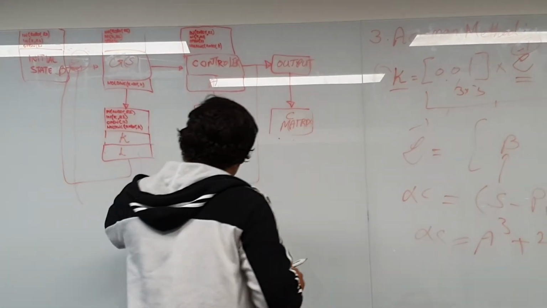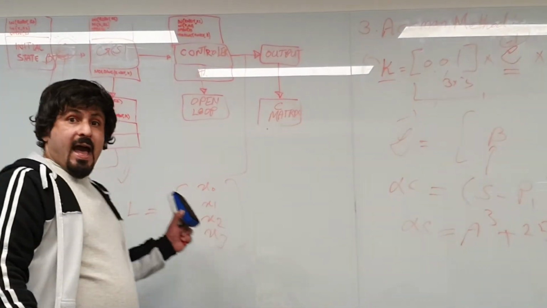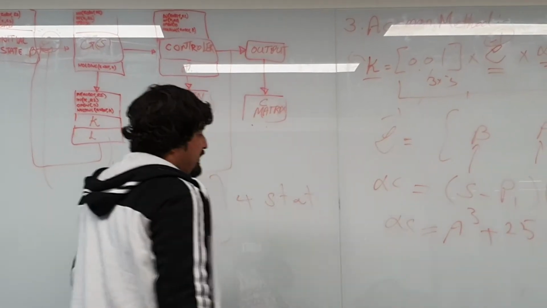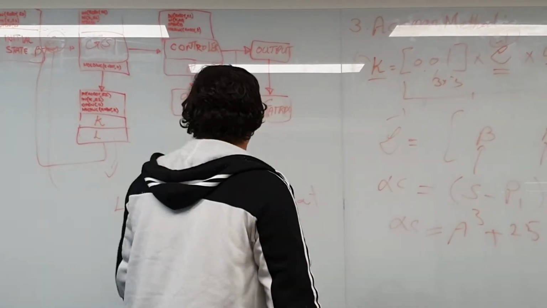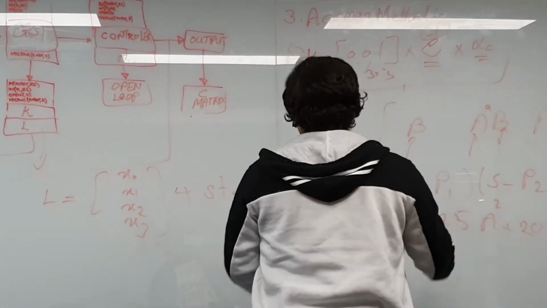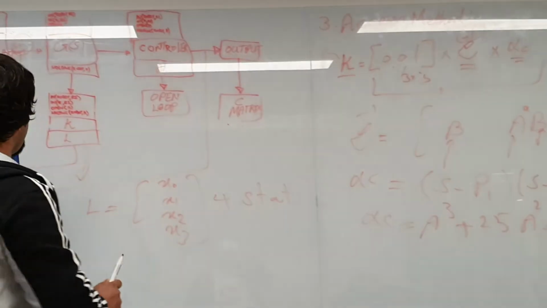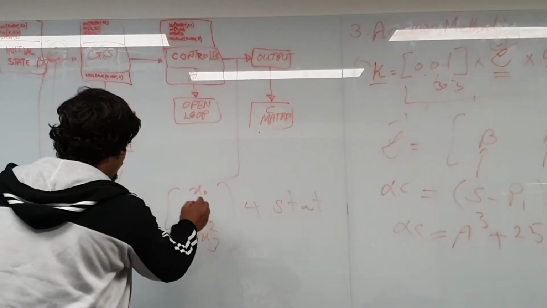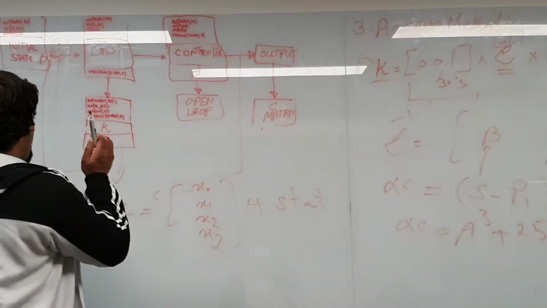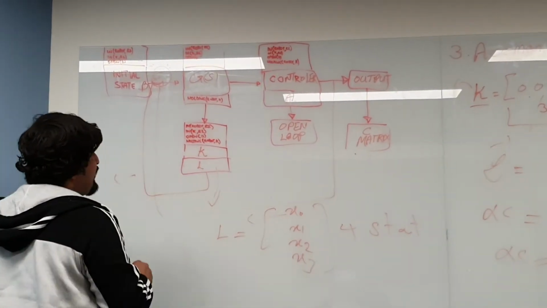But if our matrix is 3 by 3, we have to have the state space representation. So this is our method. We're going to get the result, and then we have to get the state space representation and compare it with our transfer function.